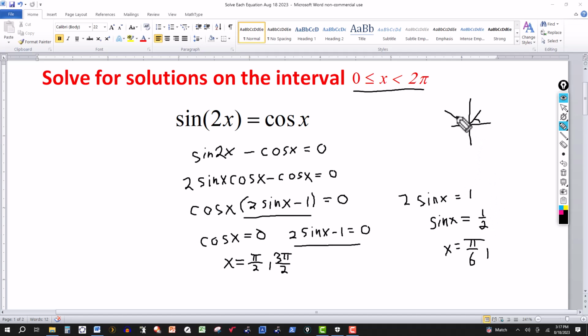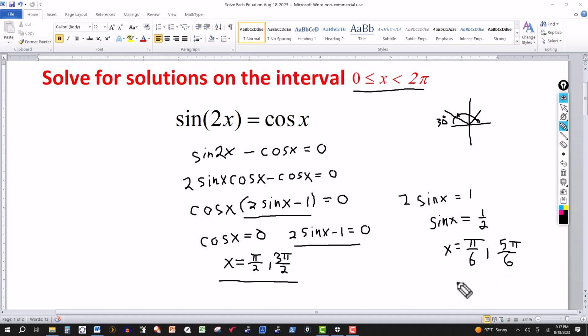So if this is your reference angle, pi over 6 or 30 degrees, then another angle that'll work is 180 minus the 30, or 150. And in radians, that can be written as 5 pi over 6.